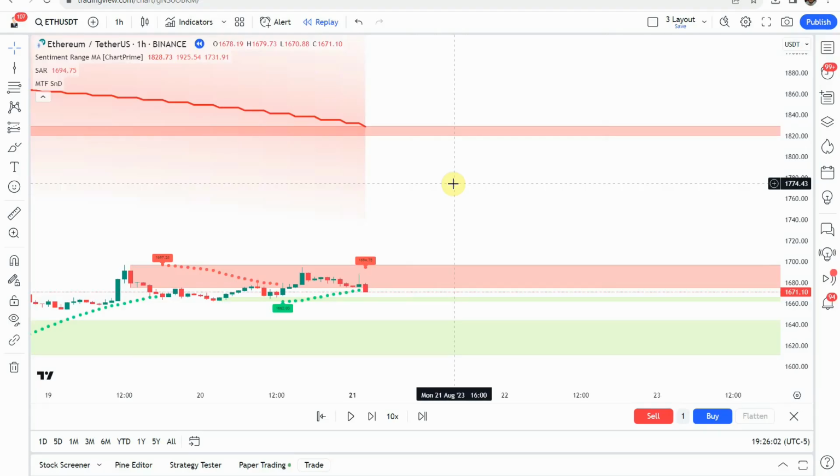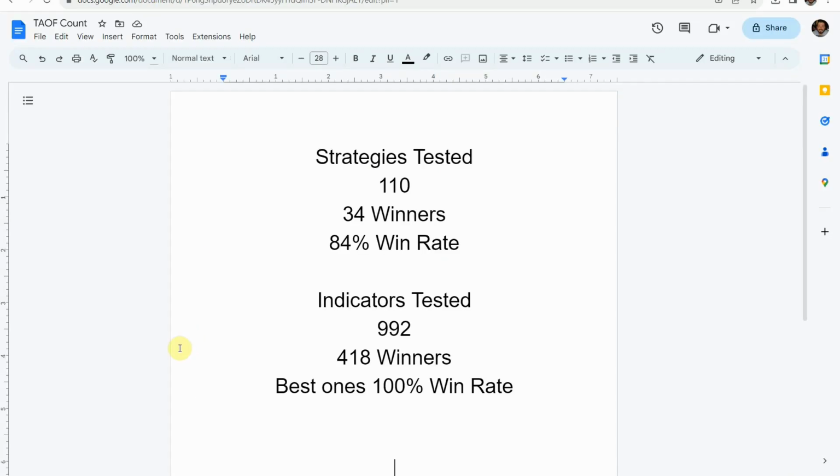Alright, as I said, today we will be testing an advanced moving average strategy. Before we do though, I wanted to put the testing scoreboard up for everyone to see. To date, we have tested a total of 110 different strategies, with 34 of them being winners. The best one so far was able to achieve an 84% win rate. That is the strategy with the Academy of Forex indicator and the Z-score probability indicator.